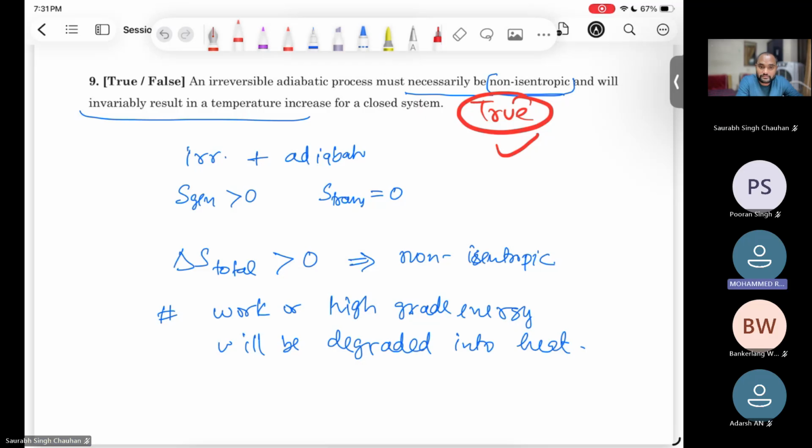Whether a system has adiabatic boundaries or non-adiabatic boundaries, that is independent of the process the system is going through. Okay, sir.